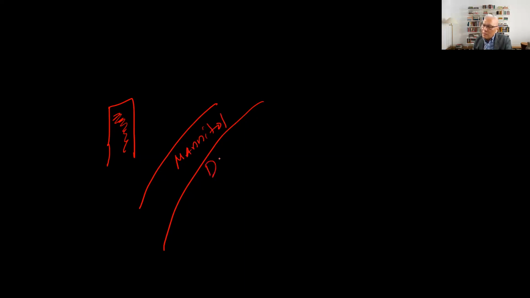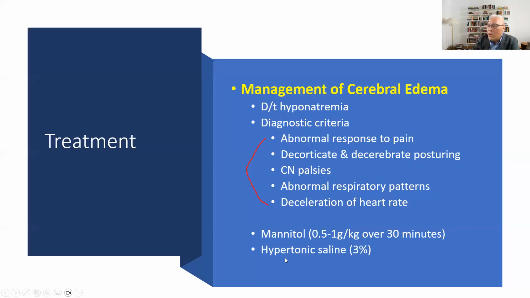It's the same effect. When we do this, we are now going to pull the fluid back into the vascular space, and therefore, it resolves the edema. Okay, so those drugs are mannitol and hypertonic saline solution, like 3% saline solution, or D10 in water, which is also going to be a hypertonic solution.